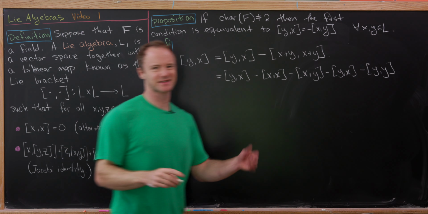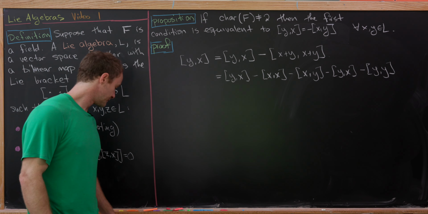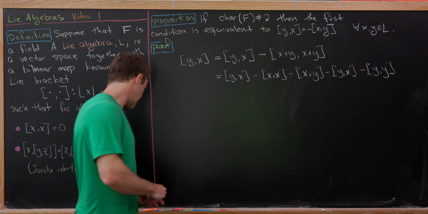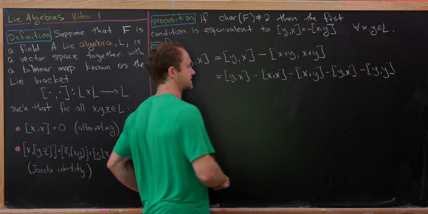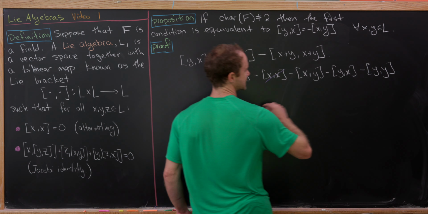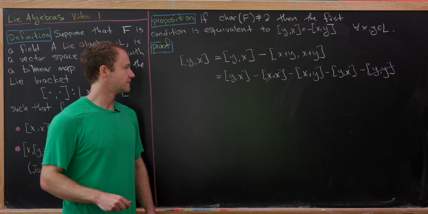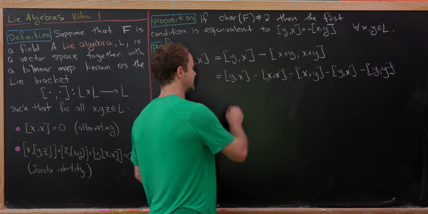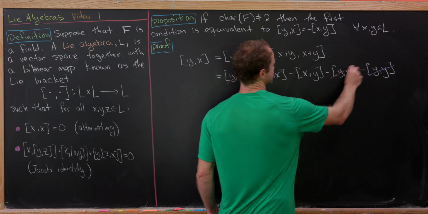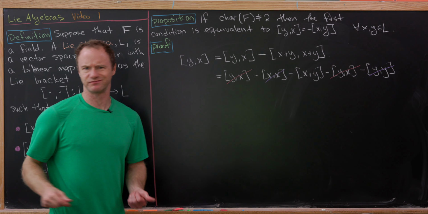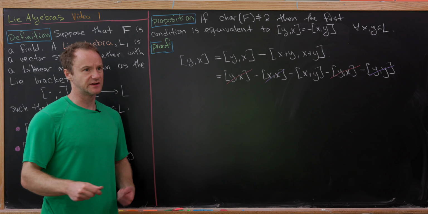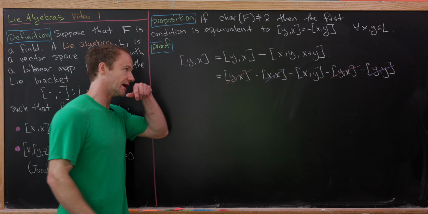Great. And so that's just like foiling everything. But let's see, does some stuff cancel? Well, in fact, it does. So this bracket xx and this bracket yy cancel from the alternating condition. And then this bracket yx and this bracket yx cancel because they're attached to two opposite sign numbers, 1 and -1.